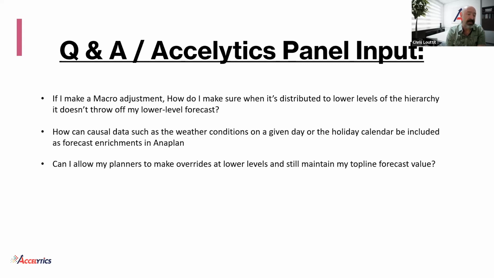And if there's a correlation between that data and the forecast, the model will automatically adjust the forecast based on that causal data. And some of the models will actually tell you the impact of those causal streams. So you can get explainability built into your forecast based on how much effect the causal data streams actually had, and if they're actually making a difference to your forecast. So that's one way to answer that question.